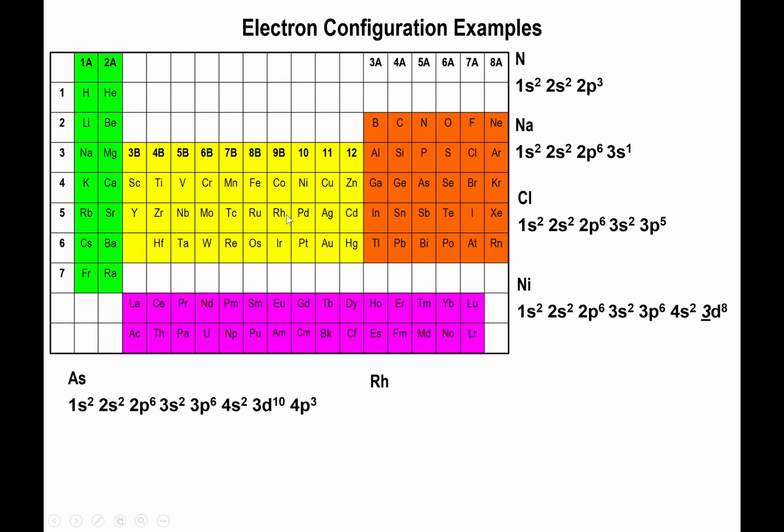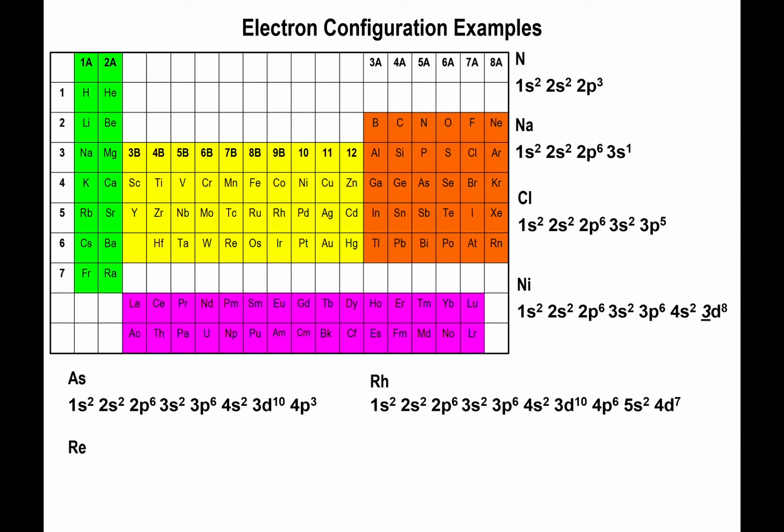And then to get to rhodium, notice that this is in group 9. 9 minus 2 will be 7. So we'll have a d7 system, and since we're in row 5, this will be 4d7, not 5d, but 4d7. Okay, so once again, be careful with that. Transition metals, row number minus 1, as far as the quantum number goes.